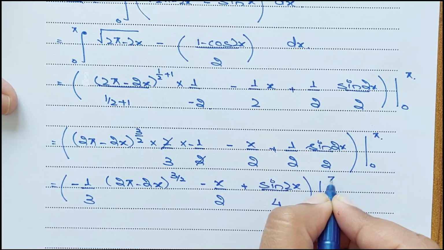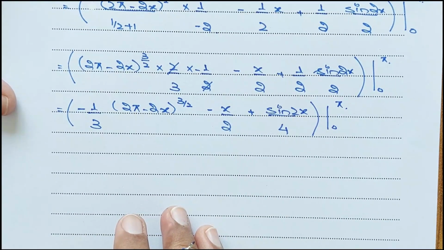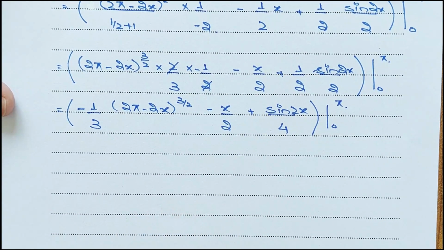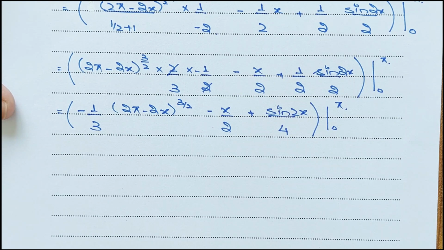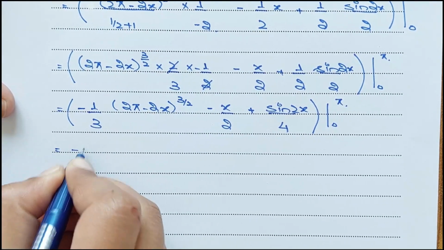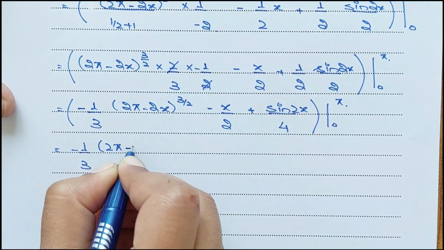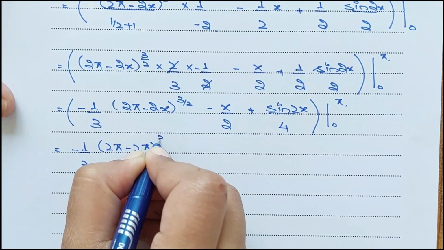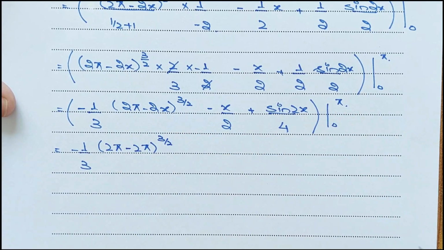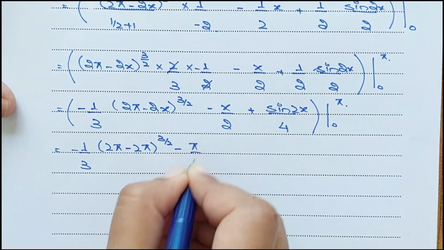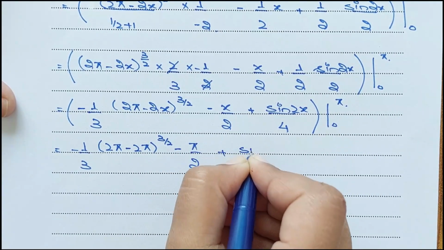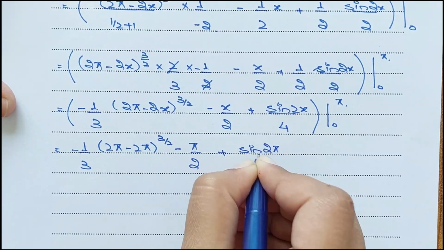From 0 to pi. Let me substitute the upper and the lower limits to get the shaded area. So minus 1 by 3, 2 pi minus 2 pi, power 3 by 2. I am substituting the upper limit first. Minus pi by 2 plus sine 2 pi over 4.